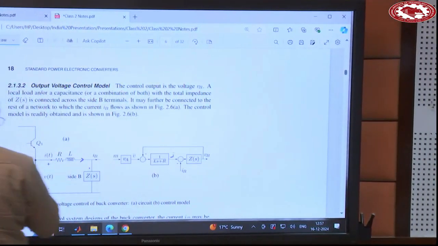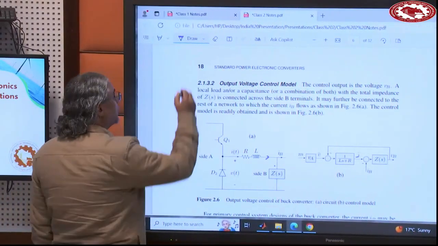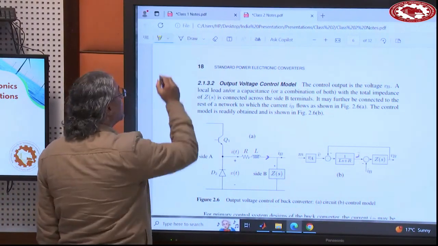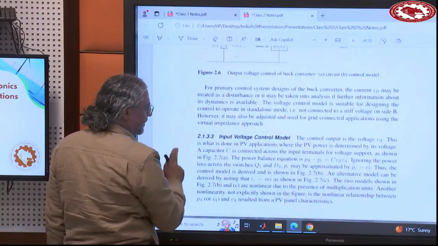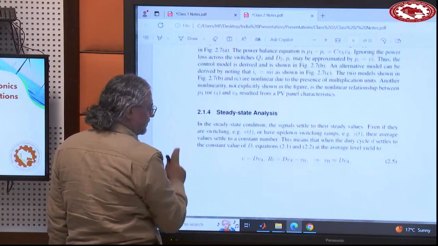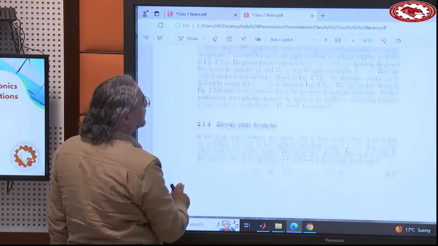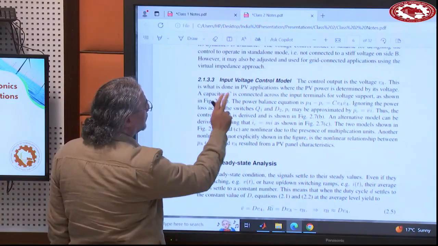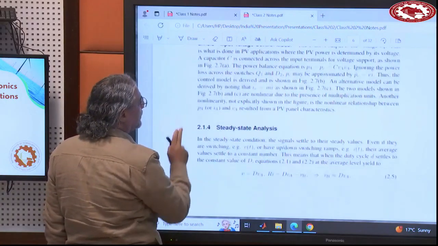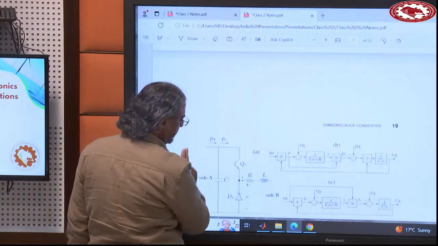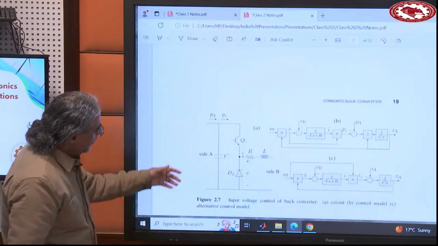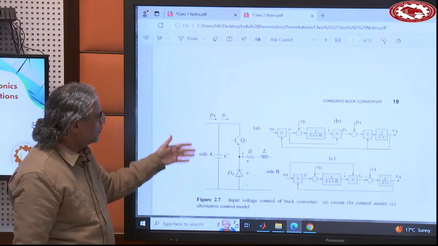The other option is if you want to control the input voltage. Let's see how you do that. This is the diagram, in the next page. So here you want to control this voltage.